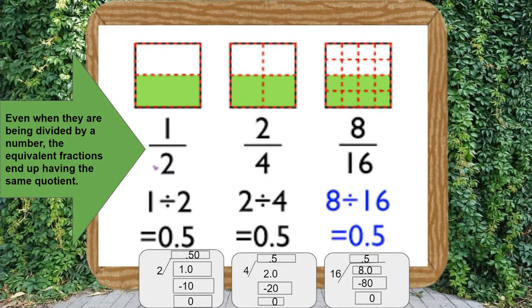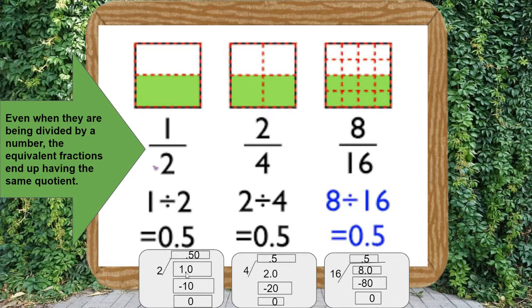Even when they are being divided, the equivalent fractions end up having the same quotient. For example, 1/2. If we take 1 and divide by 2, well, we can see that 2 doesn't go into 1. So we have to add a decimal, add a 0.